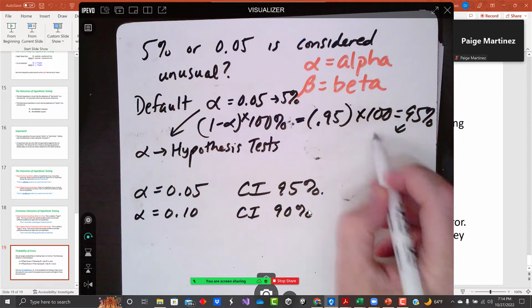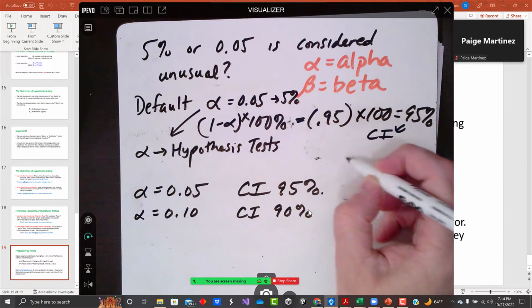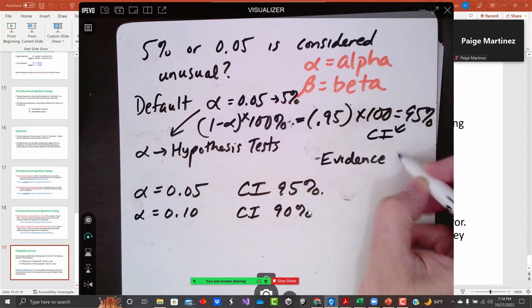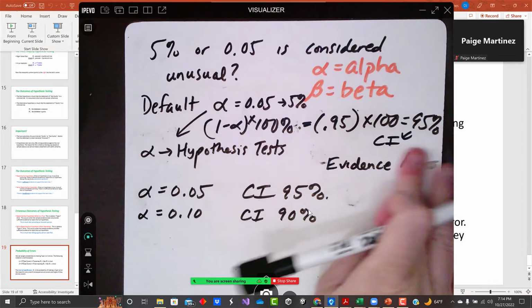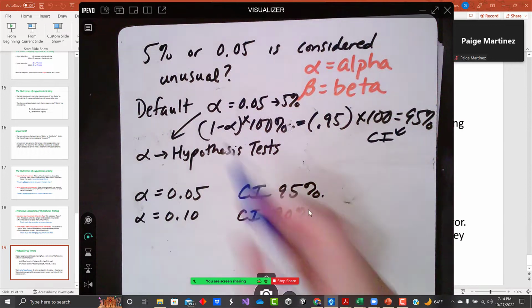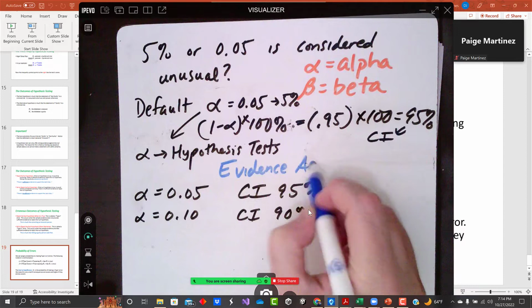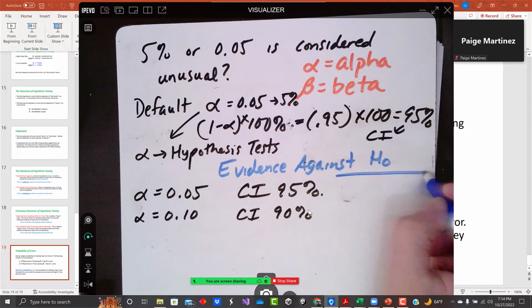So CI. So the evidence against the null, let me try this again. I'm trying to do this all in one area. Evidence against H naught. I'm going to do it in this column here.